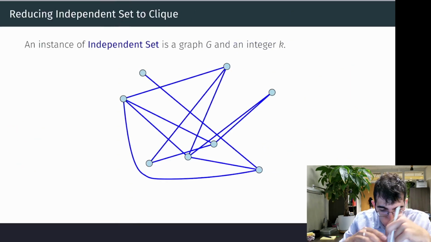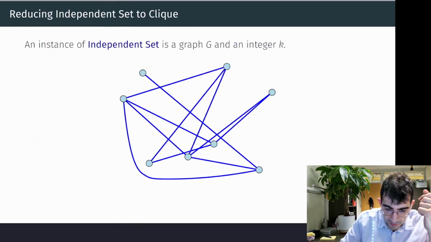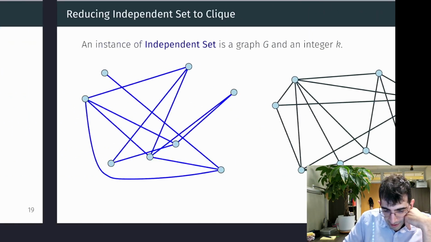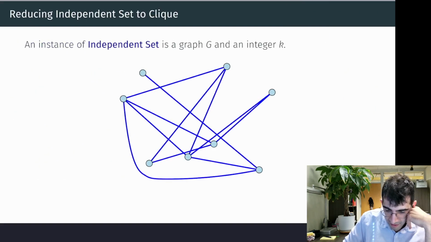So let's look at the independent set right here. Seems pretty nice, but as you could tell, things are drawn peculiarly. So what's the largest independent set we could get? We got this, this, this. Oh no, not that.